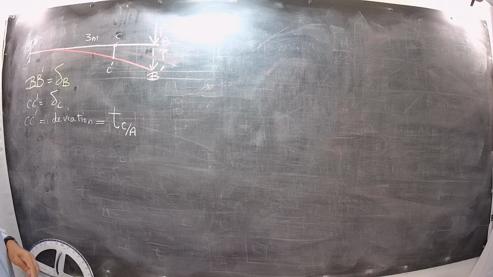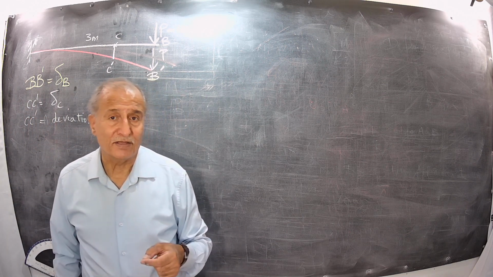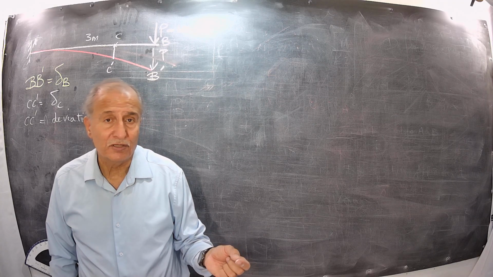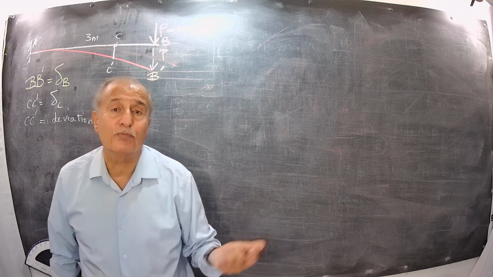Second, slope of the beam at any point. How can we find the slope at any point? We must draw a tangent line to the deflected shape of the beam at that point.